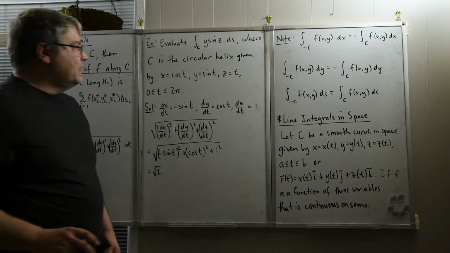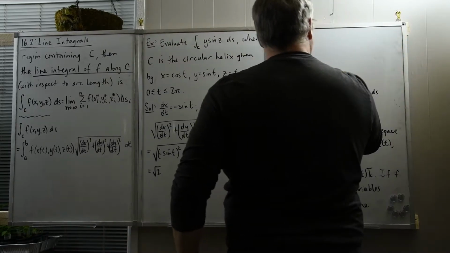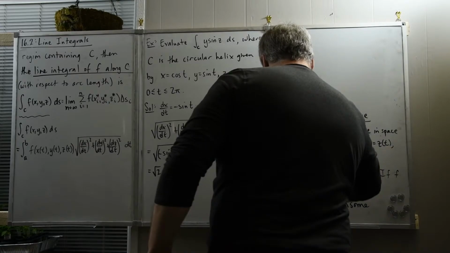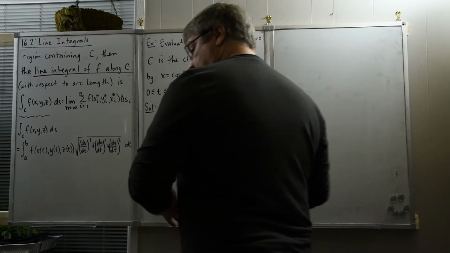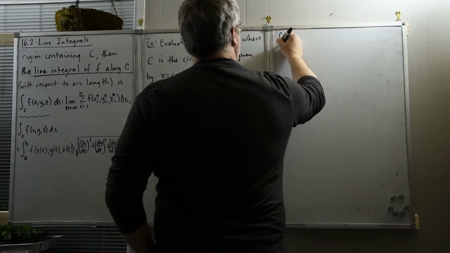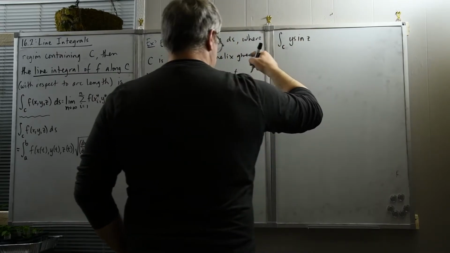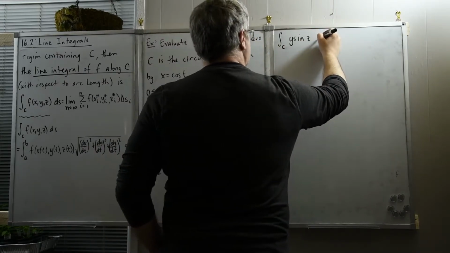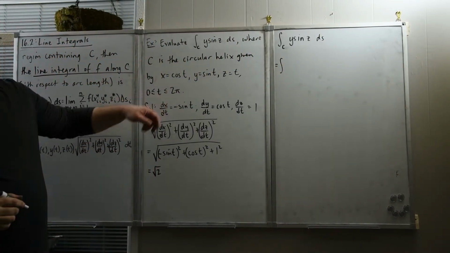And so let's take a look at this given line integral. So we'll have the line integral of y sine z along the circular helix. It's going to be the integral from 0 to 2 pi.